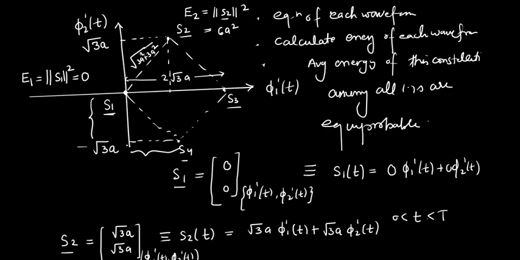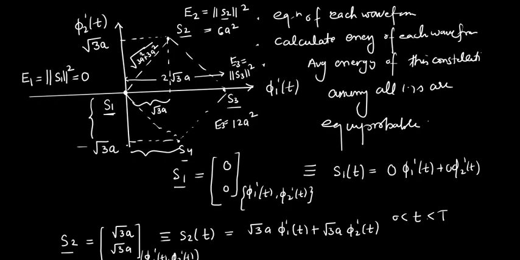This is root 3a, this is root 3. Okay, got it. 6a square. The energy of S3 is the norm of S3 whole squared. So, the distance from origin is 2 root 3a, so square would be 12a square.